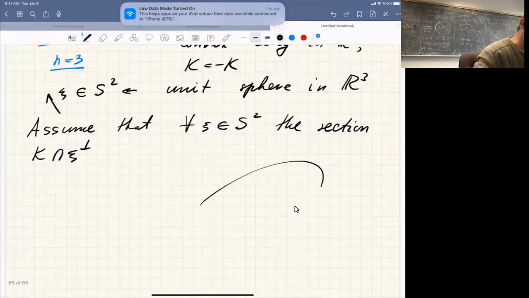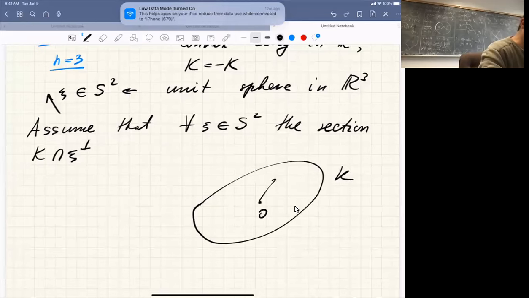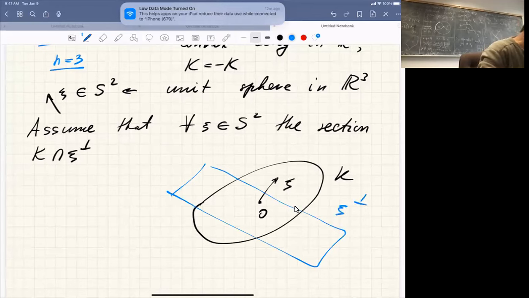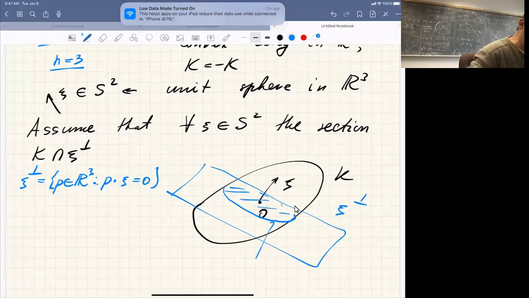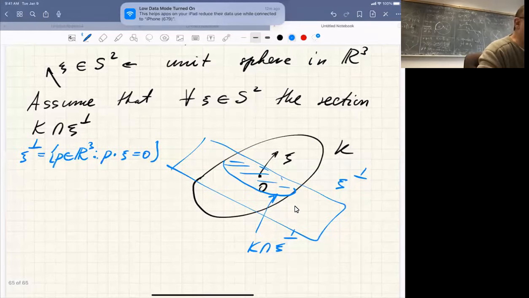So this is your K, origin symmetric, origin is here, this is xi, and you hit it with the section xi perp. Xi perp is the set of all points in R3 that are orthogonal to this vector xi. And you have this section here. This is K intersection xi perp, okay? So assume that for any xi, basically all sections passing through the origin, they have a symmetry of a cube.